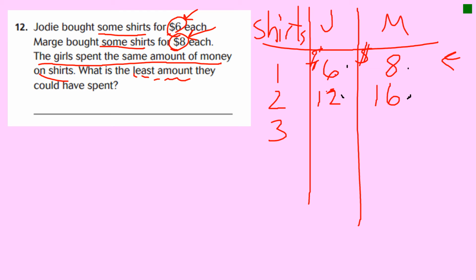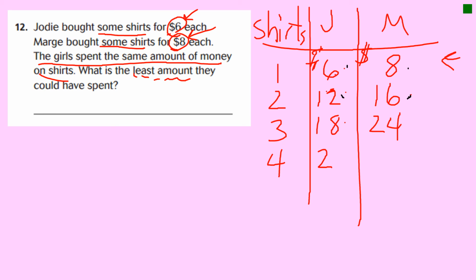Jody would spend $18 on 3 shirts because we're going by sixes, right? Each of her shirts was $6. 6, 12, 18, right? And then Marge, 8, 16. She spent another $8, so that's 24. Are any of those amounts the same yet? No, not yet. All right, let's see if they buy 4 shirts now.